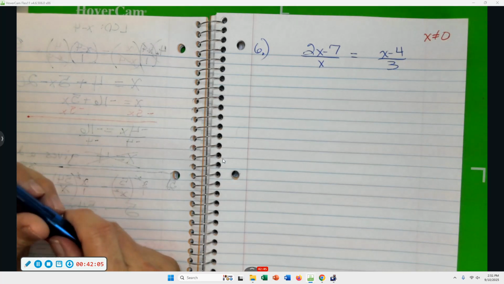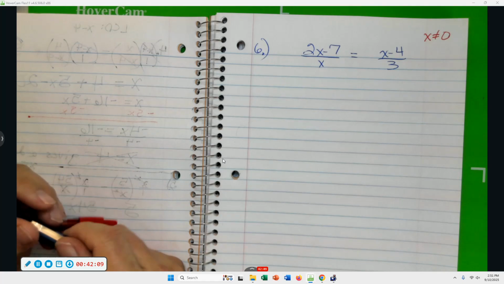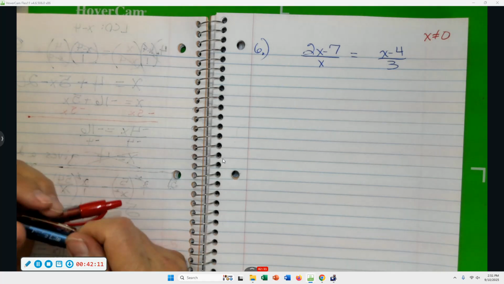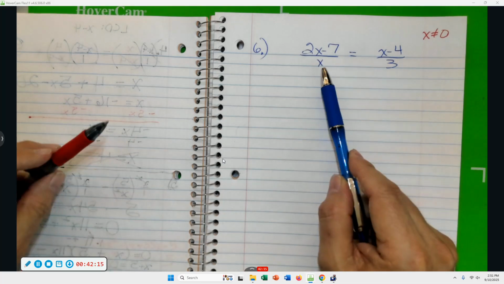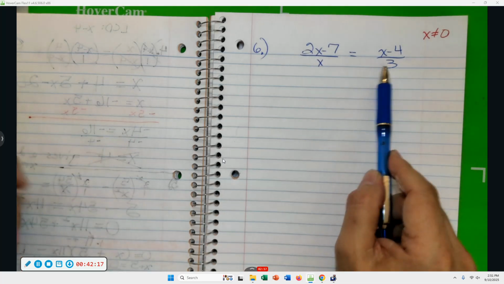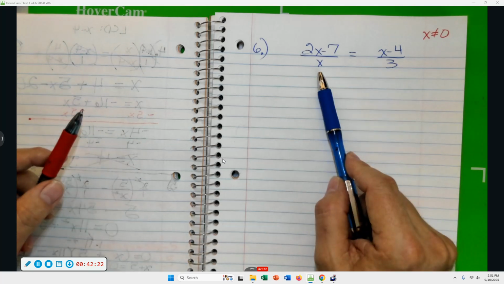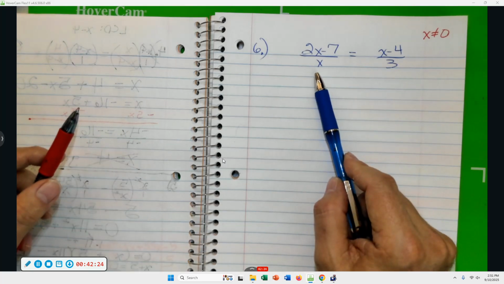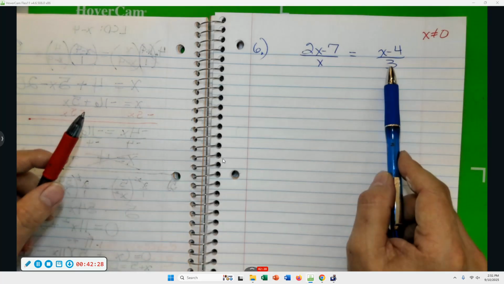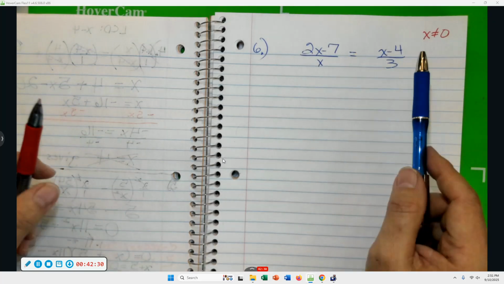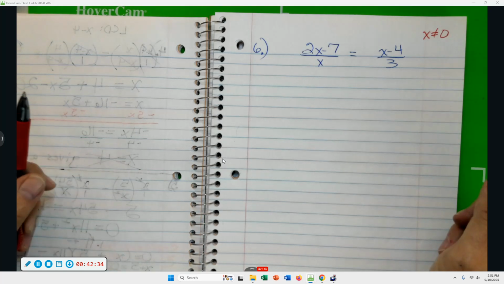Here, this problem's different from the others because it's in the form fraction equals a fraction. Now, if you have two distinct denominators, neither of which can be factored, the least common denominator is the product of those denominators, x times 3. So if we're going to multiply by the least common denominator, it'd be 3x. But I don't want to do that.